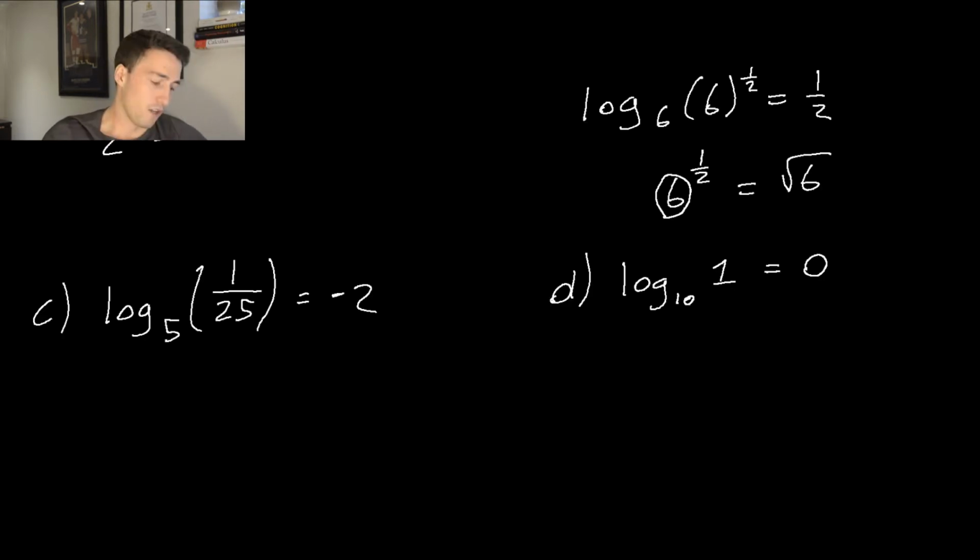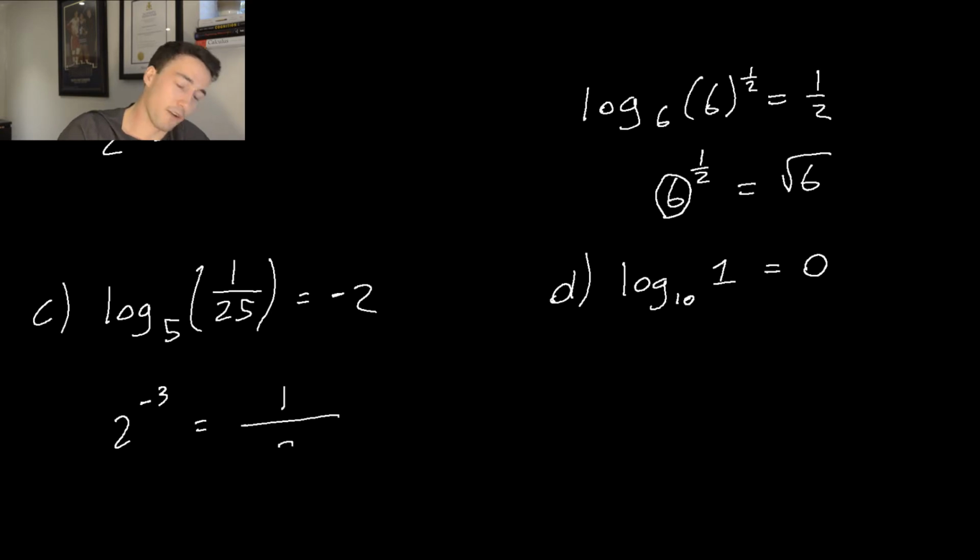So now we have log base 5 of 1 over 25. Again, we're going to read this as, to what power must I raise 5 for me to get 1 over 25? And when you have a reciprocal, you're going to note that it's going to be a negative exponent. So if I write 2 to the power of negative 3, I know that's equivalent to writing 1 over 2 to the power of 3.